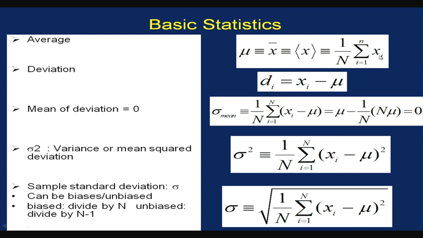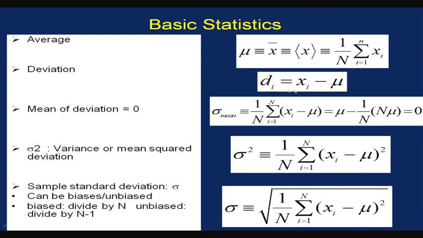So, I have values x1, x2, x3 up to xn and then sum them up and then divide by the total number of measurements. So, this is known as average of n readings or mean, frequently represented as mu or x bar.